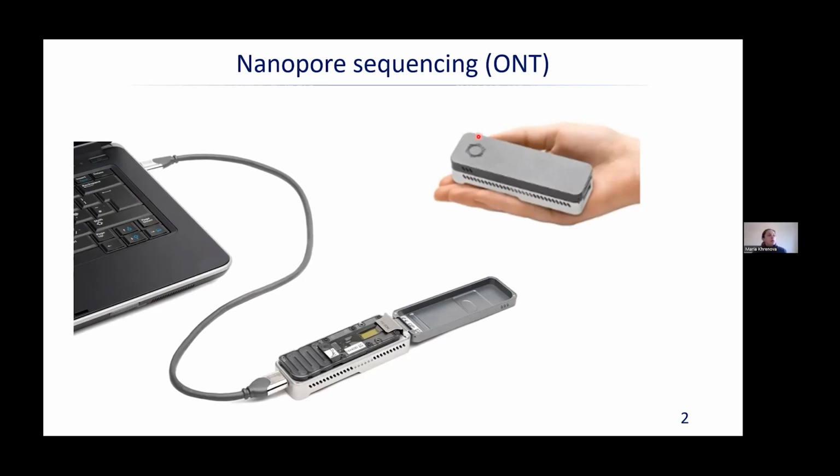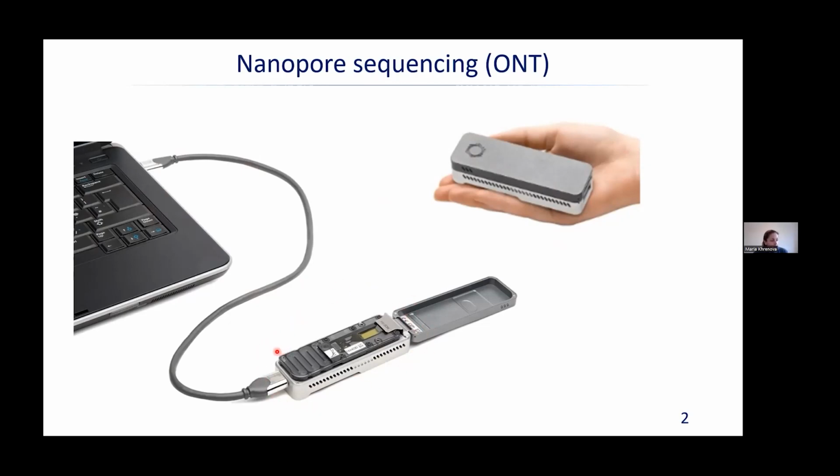Nanopore sequencing is carried out on these small devices, about the size of a huge flash memory card, connected directly to a laptop or computer via a conventional USB cable. All processes occur in this very small cell.